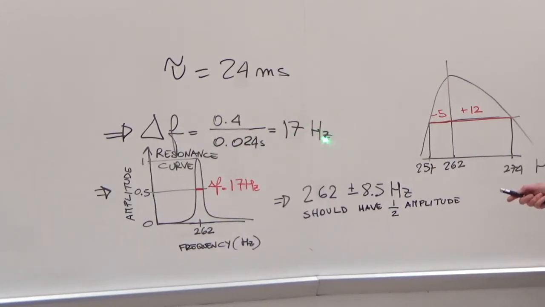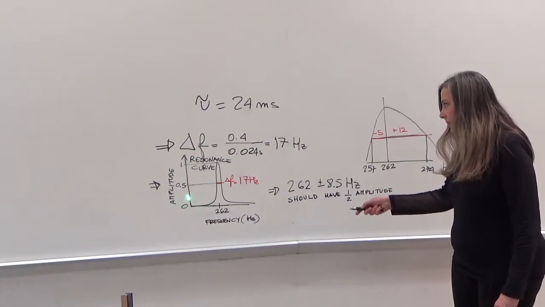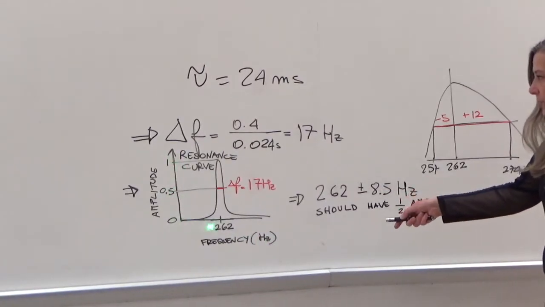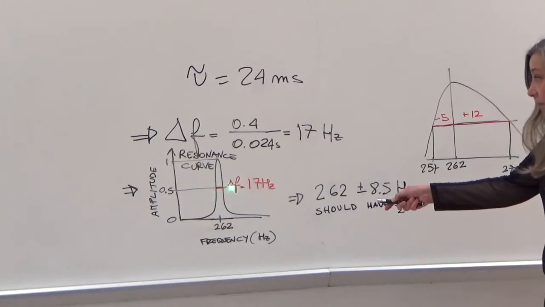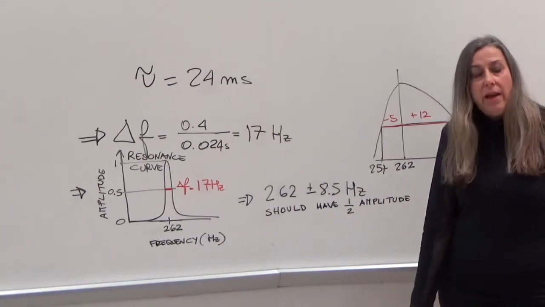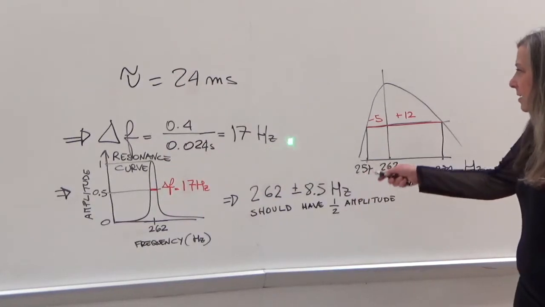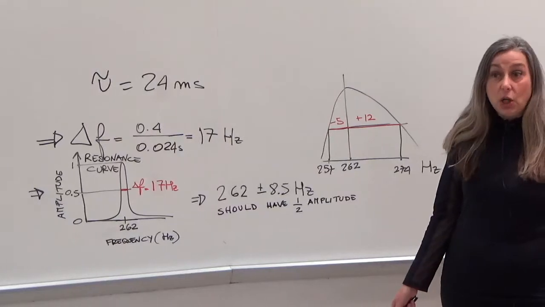So if we look at the resonance curve, so we have amplitude versus frequency, the point at which the resonance curve has half the amplitude is called the full width at half maximum, or simply delta F. And by our calculation, this delta F has to be 17 Hertz.